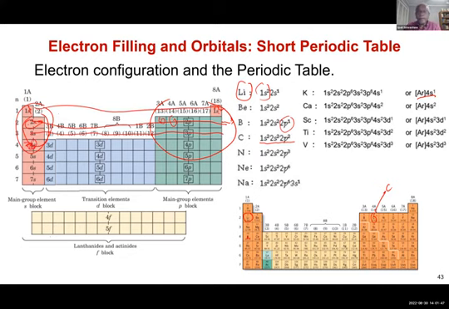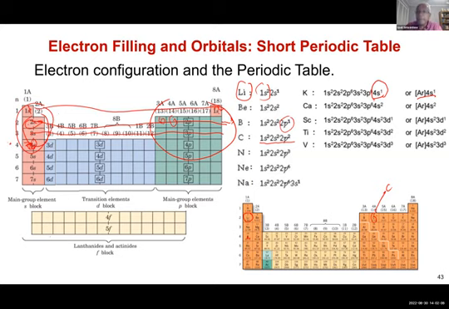Okay? So those are the number of electrons you need to fill. The last shell that you fill is 4s1.